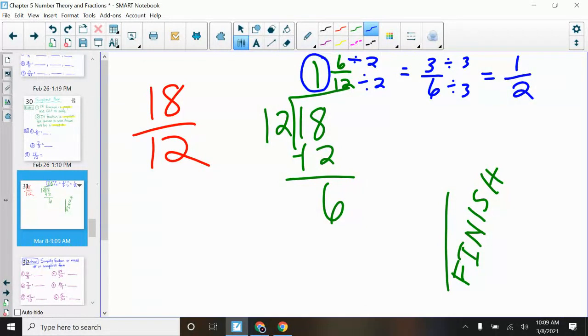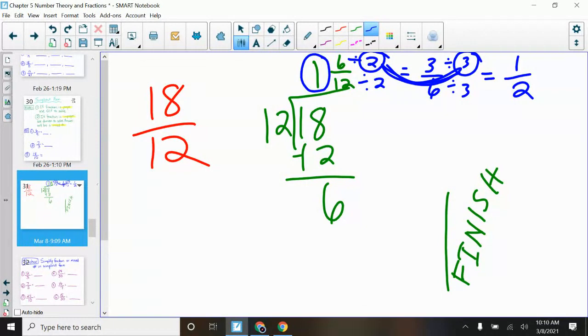That's just more one. Now I want you to notice that just because you didn't find the greatest common factor right from the start, it didn't mean that you were going to get it wrong. It just meant you had to do it twice to get to the finish line. If you would have chosen the biggest number first, instead of choosing a 2 and then having to choose a 3, what's the biggest number that they have in common? 6.